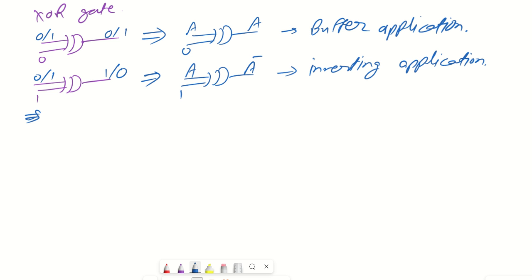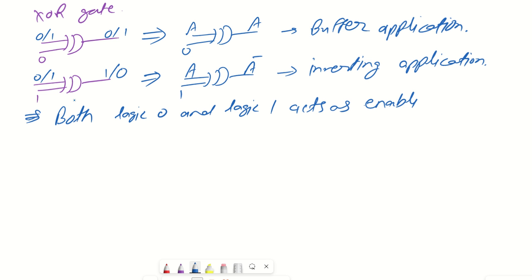I can write that both logic 0 and logic 1 act as an enabling input for the XOR gate. Understood? Now let us quickly talk about the properties of the XOR gate.